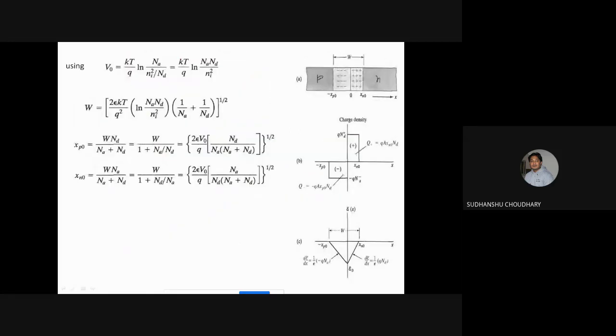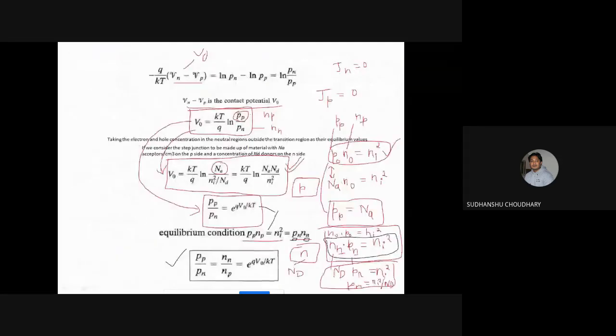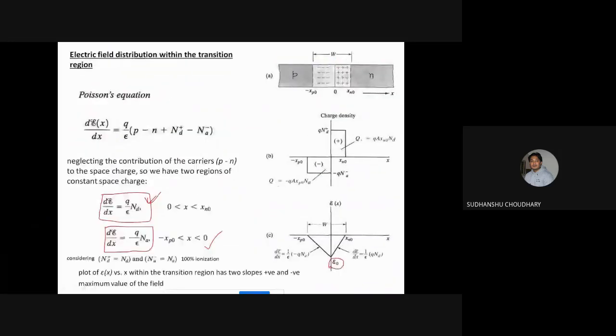Then the next thing is, we again write the previous old equation which we had calculated for the built-in field. That is, built-in field across the junction is equal to kT by q ln Na Nd by ni square. So this we had calculated. I'll show you again where we had calculated. In the previous lecture we had calculated over here. So I utilize the same equation.